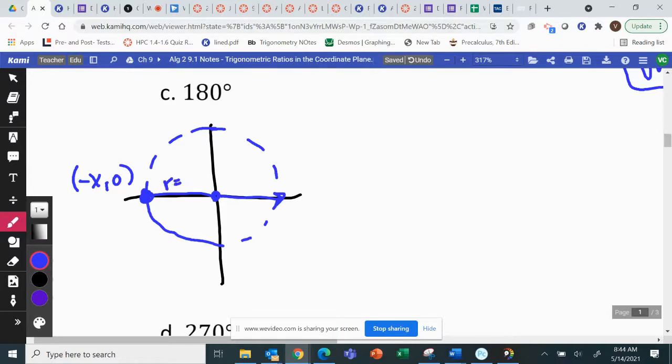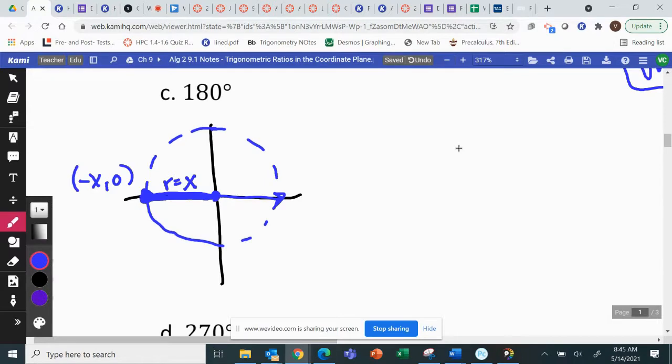What will the radius be, Nina? How long is that? From 0, 0 to here. It's the length of that. Okay, so I'm just going to take your negative away. The length is x. The negative is telling me which direction to graph, but when we talk about length, the length is x. Okay?